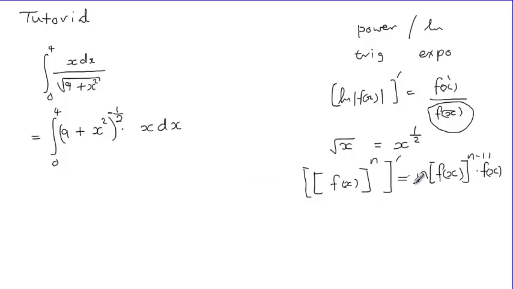Then you can look at what is inside the power and what is outside the power, and see whether it relates as function and derivative. The derivative of 9 plus x squared is 2x, isn't it? But we have only x outside, which means part of the derivative is there, but it's deficient. What is it lacking? A 2.